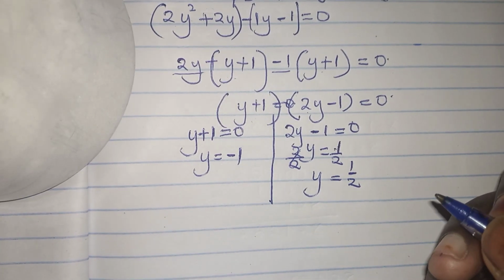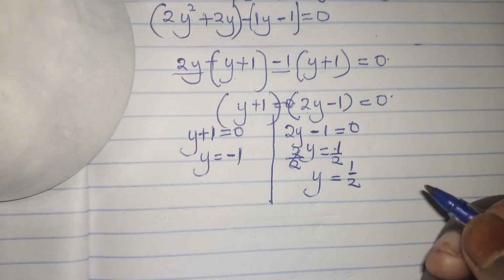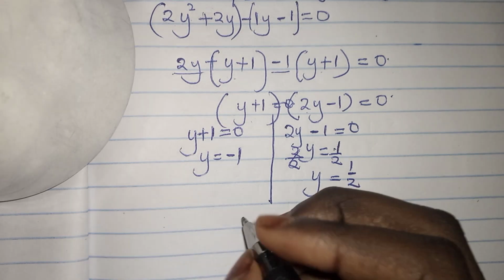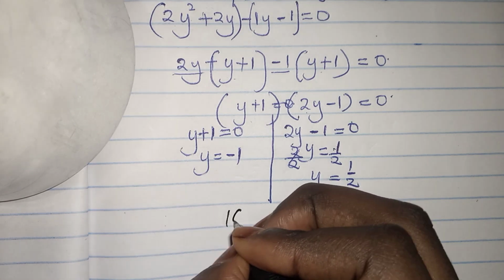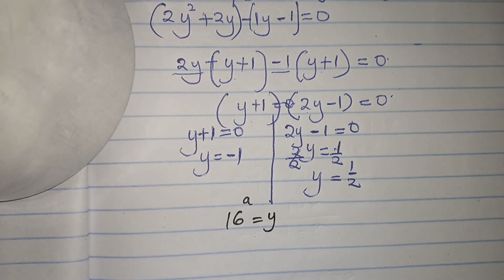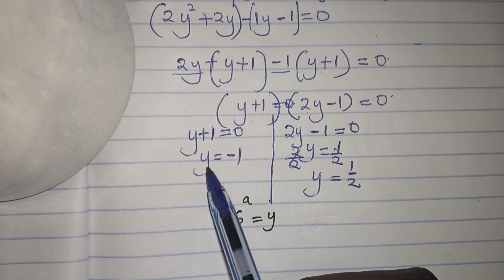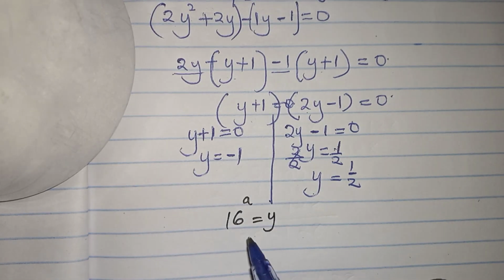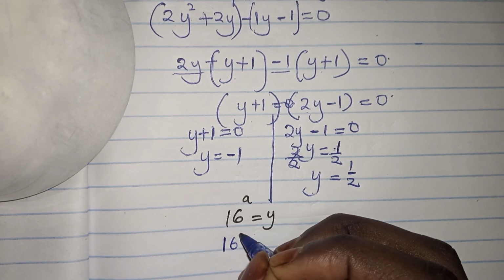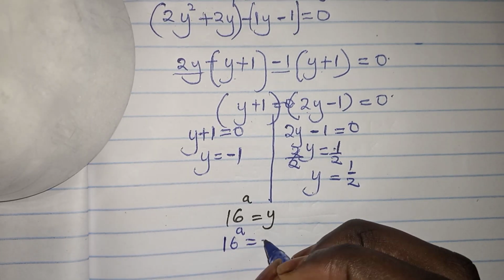So I want us now to solve for the value of a. Remember, we had said 16 to the power of a is equal to y, and we have solved the value of y. We have y is equal to -1. So 16 to the power of a is equal to -1.